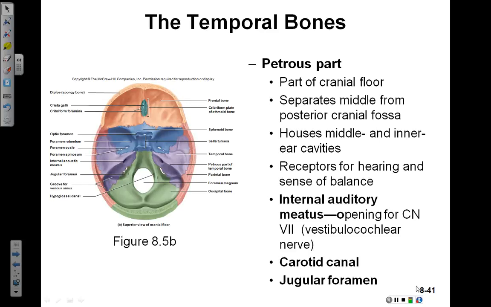Receptors for hearing and sense of balance. So that nerve is a part of the petrous part, okay? So if that nerve, the vestibulocochlear nerve, guys, gets severed or damaged, it's going to interfere with your sense of what? Hearing. And of course, that's the nerve that allows us to keep our what? Balance. So your balance is going to be off if that nerve gets severed or what? Damaged, which is right here.